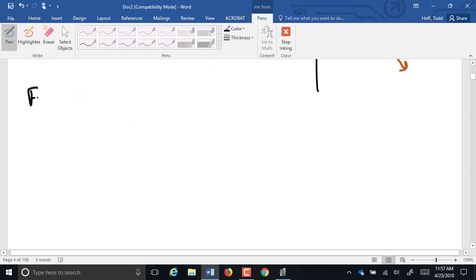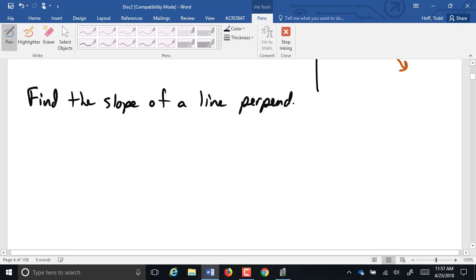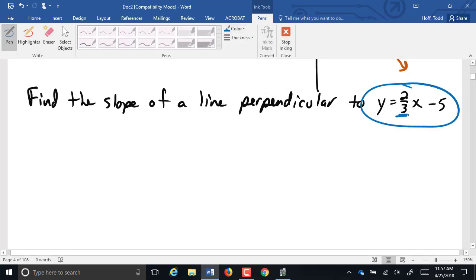So if I ask you to find the slope of a line perpendicular to y equals 2/3 x minus 5, all I need out of this equation again is the slope. That slope is 2/3.